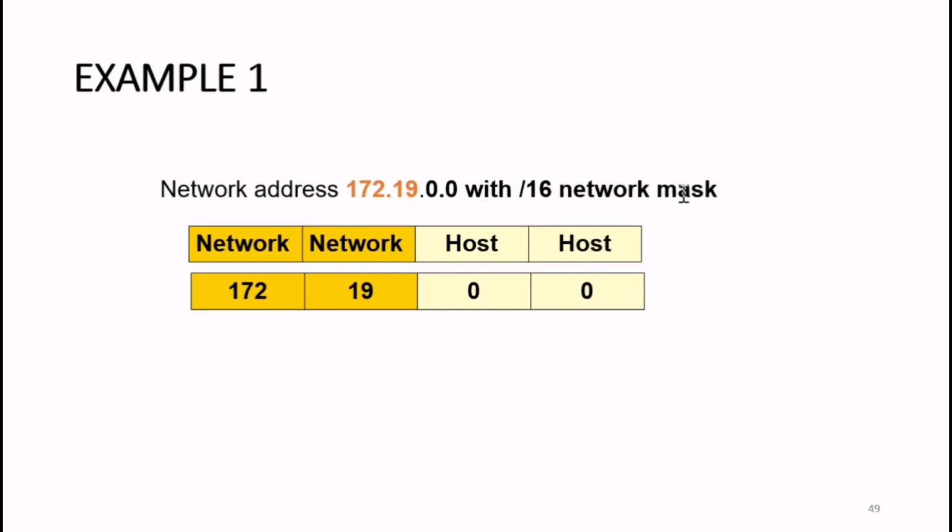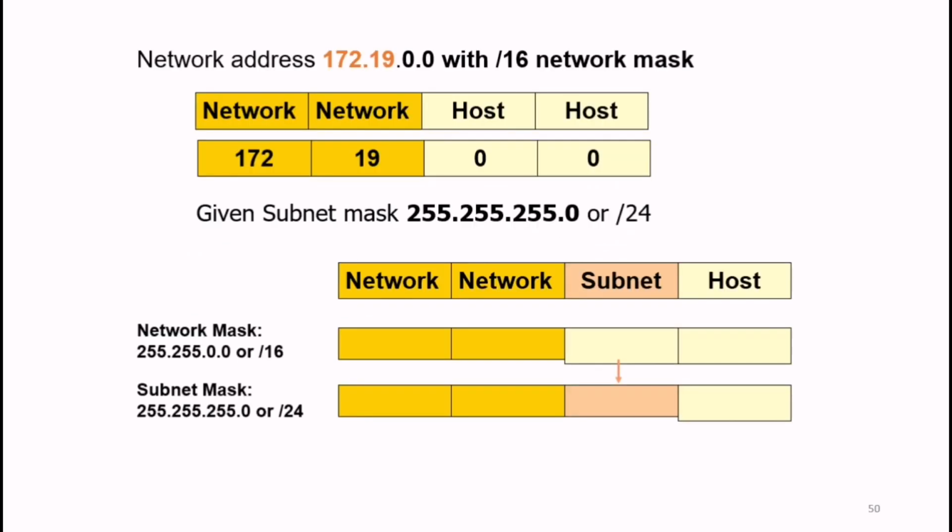So this is the network mask /16. In this example, we're going to use the subnet mask of /24, which means the first 3 octets will be the network, while the last octet is the host.